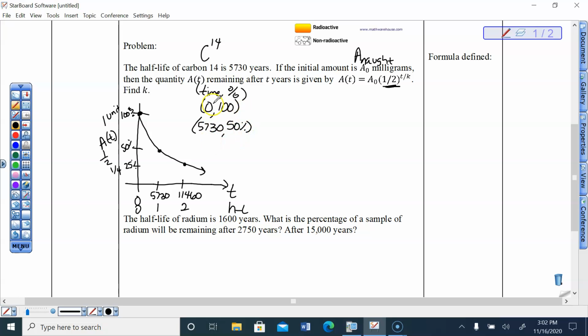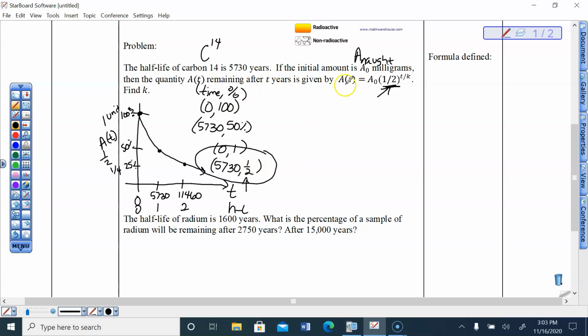So we could look at that data. We could also look at it as 0, we have 1 full unit at 0 years, and at 5730, we're at half a unit. I actually think I would prefer this set of data just because the numbers are a bit smaller, and also because I have a base 1/2 here. I like this idea of my A of t being 1/2.